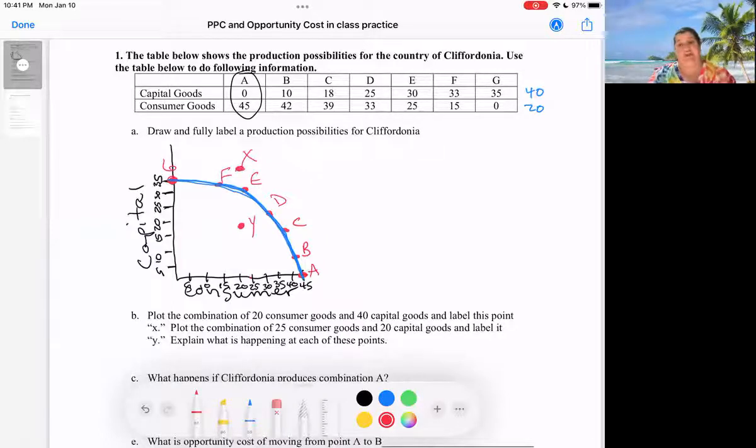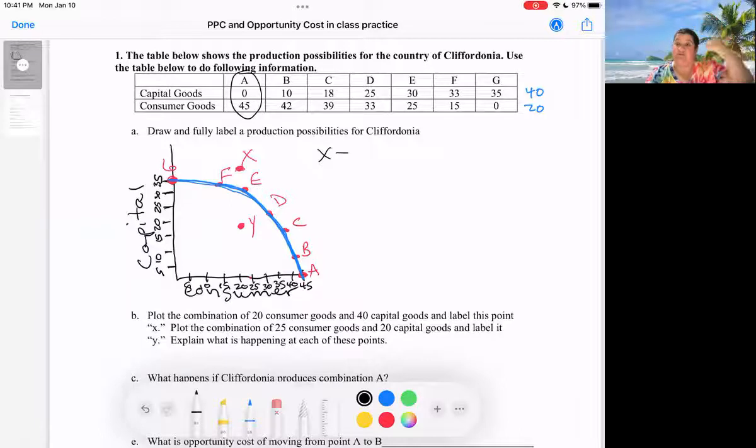Explain what is happening at each of these points. So now we have to talk about it. I'm going to put my answers up here in this bigger area. What is happening at point X? Well, any point that lies outside of the curve is mathematically impossible, because given the resources that they currently have in this fictional economy, Cliffordonia, there is absolutely positively no way that they could produce goods in that particular combination.